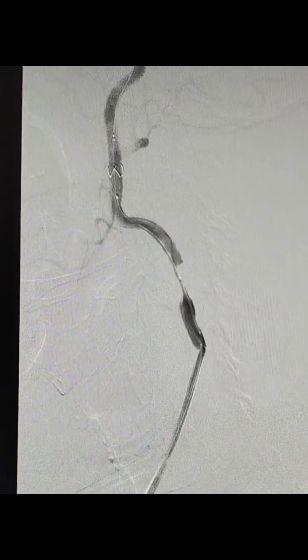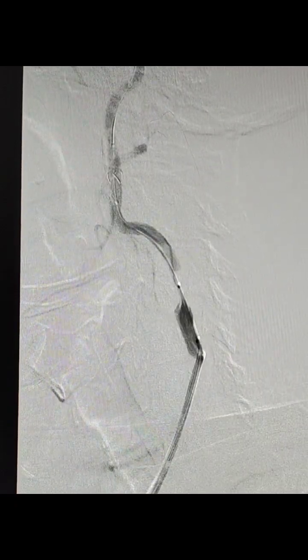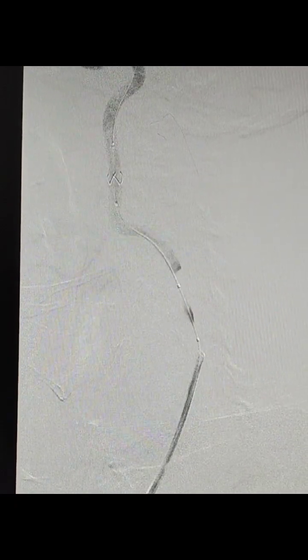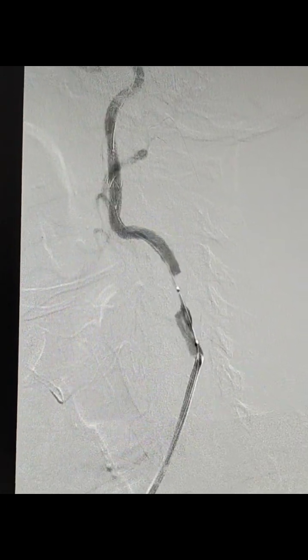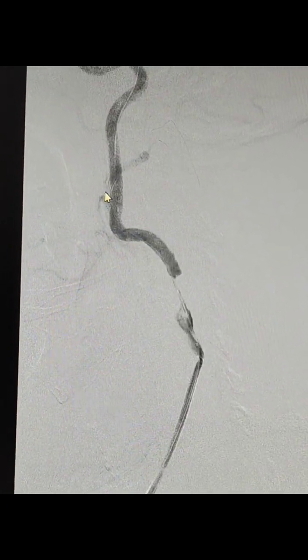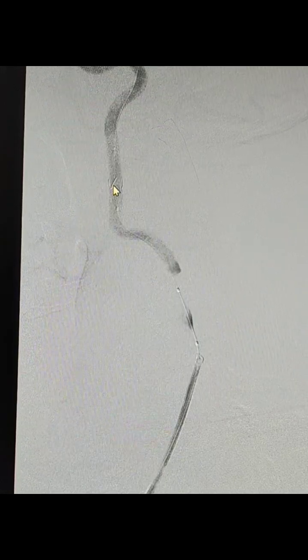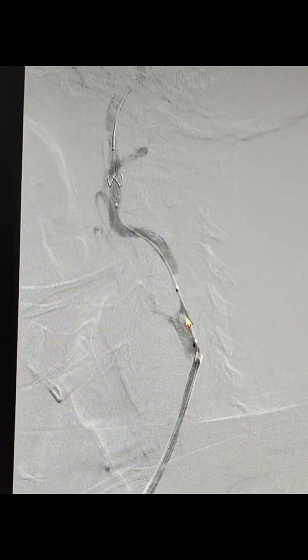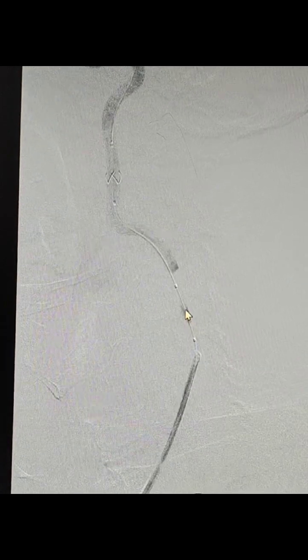Here in this DSA, we are trying to place the balloon, and this was the 6x20 balloon. We are placing across the lesion to predilate it, and the butterfly shaped embolic protection device you can see here near the arrow, and this is the balloon position.